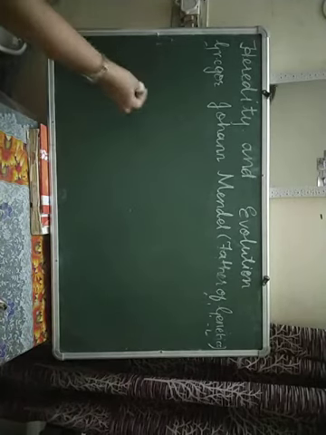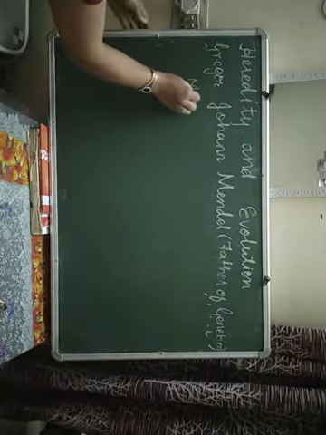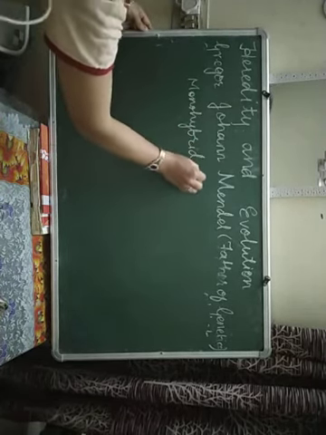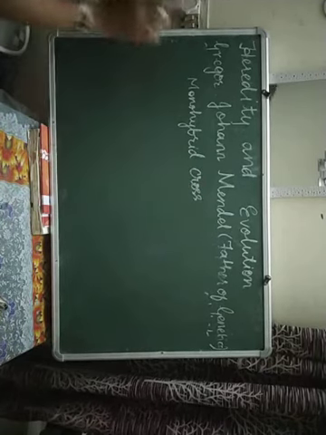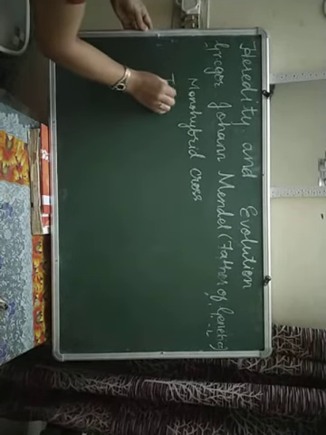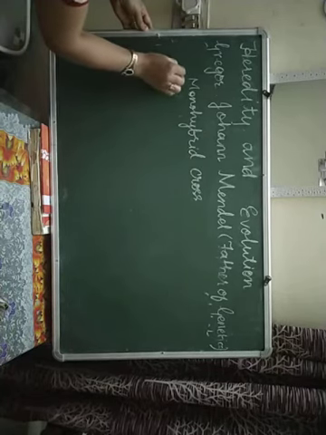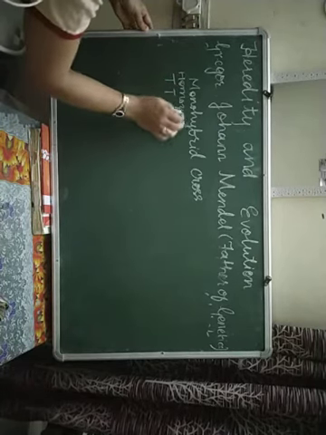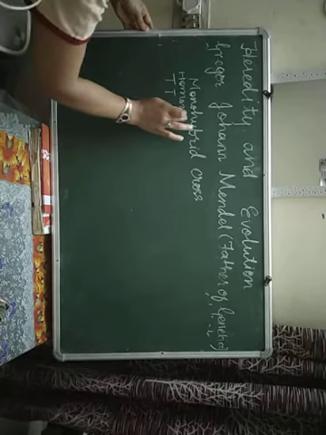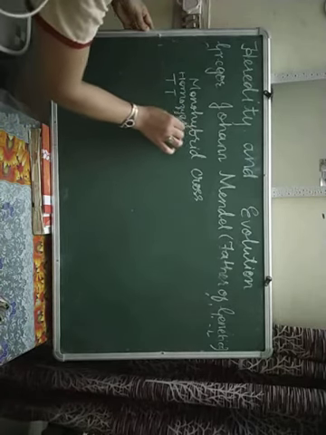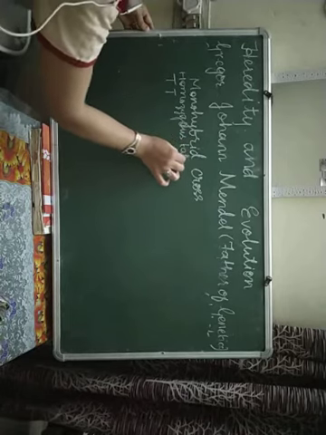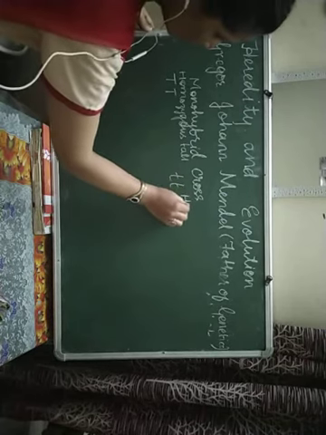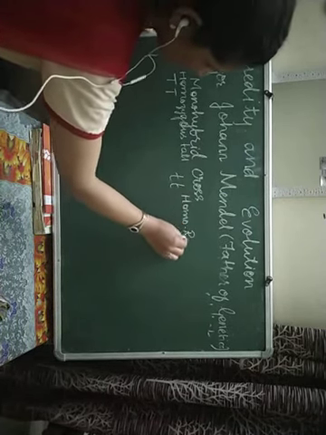Now children, let's see the monohybrid cross. In the monohybrid cross, he took one character. We'll take the character homozygous tall, and this is homozygous recessive.